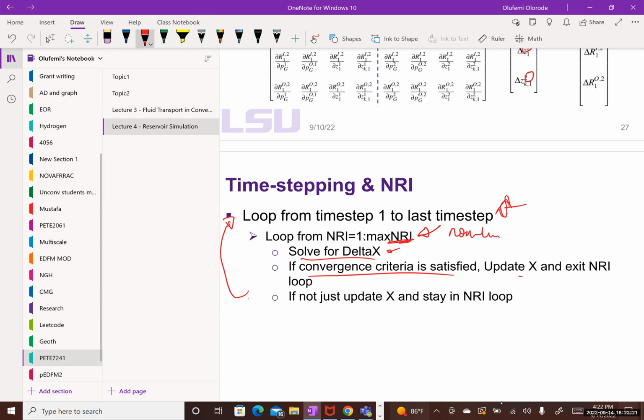What is your convergence criteria? This is the most common, right? That's your error. The residual normalized by the mass accumulation term. And you want it to be less than the tolerance, which can be 1e-5, 1e-6, common values. This is what is mostly used in most simulators.